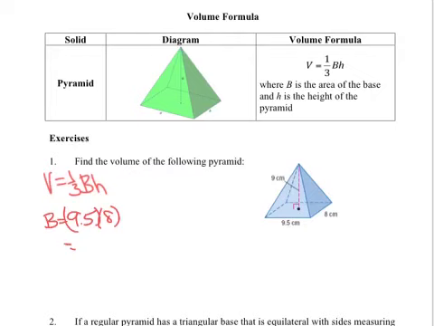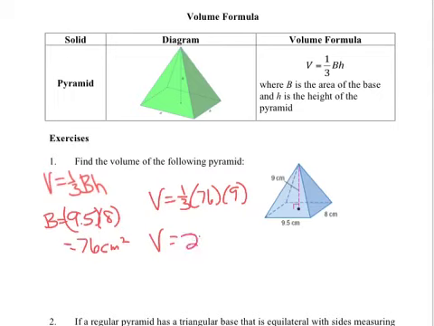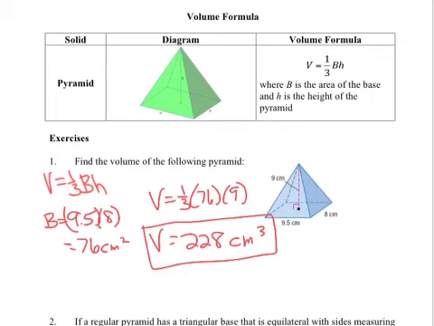So the base area ends up being 76 square centimeters. Then to calculate the volume, it's just 1/3 times 76 times the height of 9 centimeters. That ends up being a whole number. The volume of the pyramid is 228 cubic centimeters. So you basically find the volume of the corresponding prism and divide it by 3 to get the pyramid.